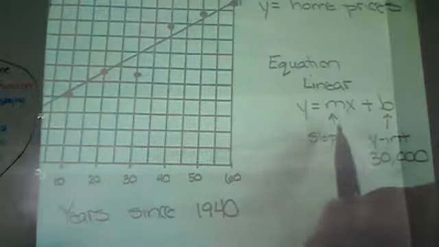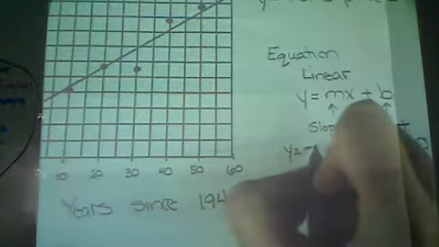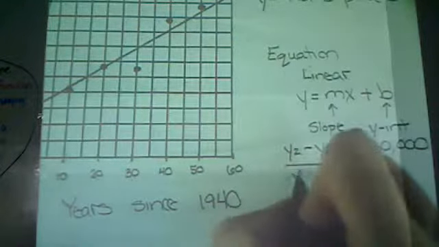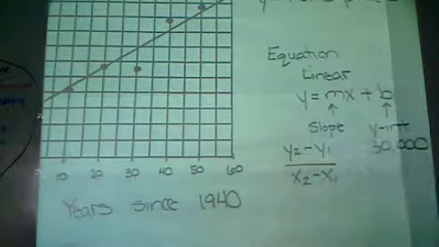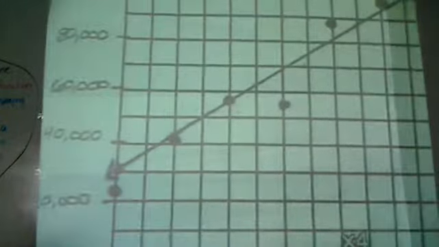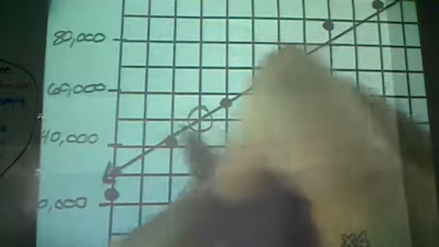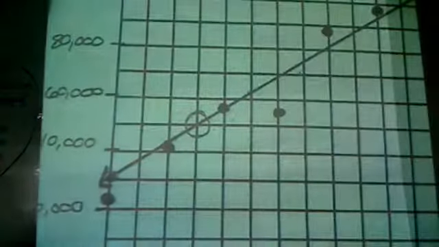To find slope, you have to recall back to Algebra 1, where we do y2 minus y1 over x2 minus x1. So we need 2 points that are on this trend line. Let's pick something easy. As I look at this, I notice that right here, we seem to hit perfectly on the grid.